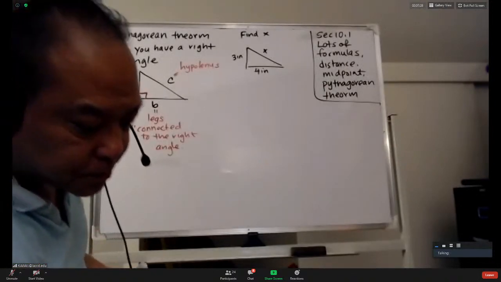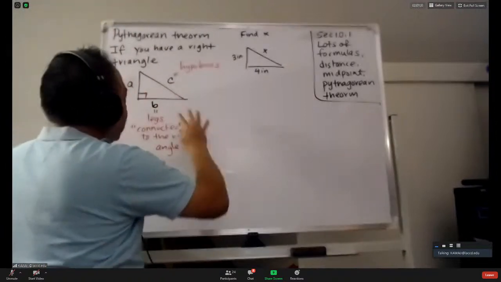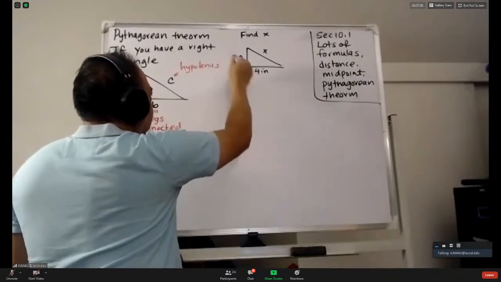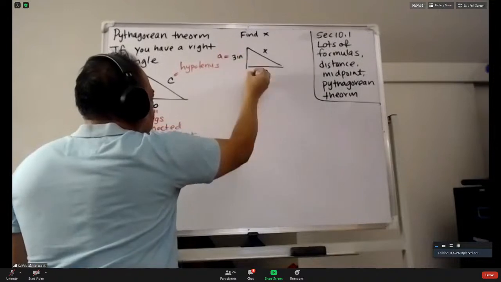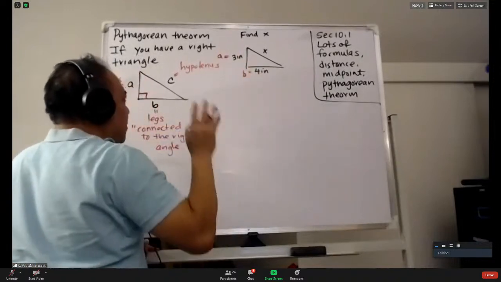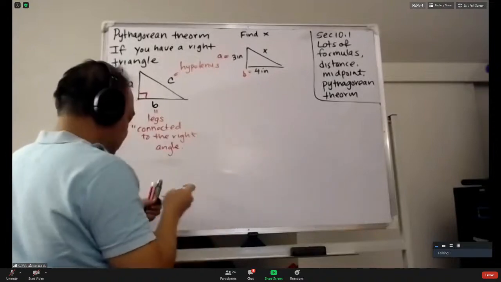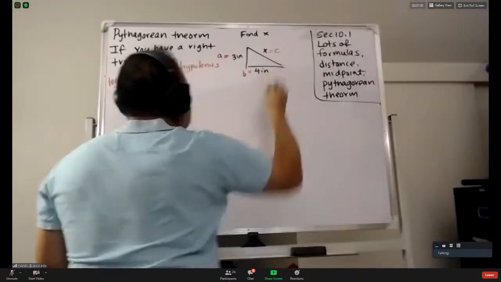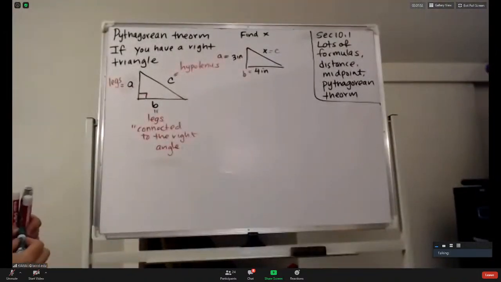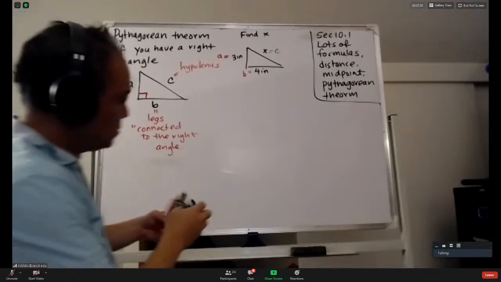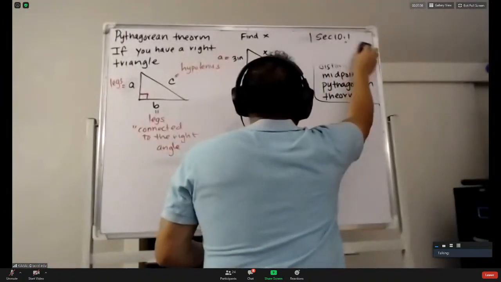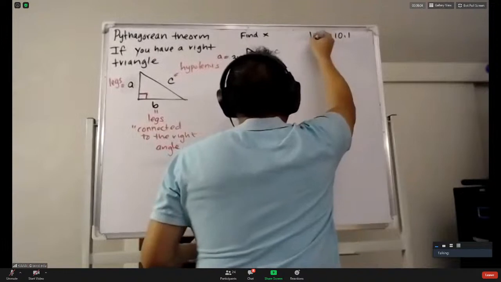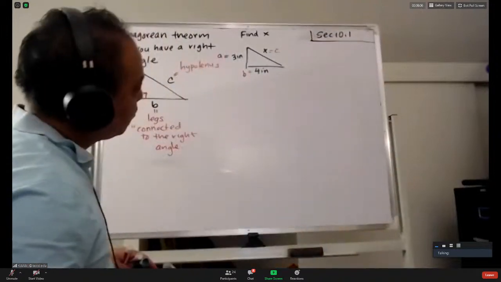Now, what you'll do is you'll label the legs A and B. It doesn't matter which one is A or B; the legs can be either A or B. Just name one of them A, name one of them B. But the hypotenuse has to be C. That one is mandatory. Okay.